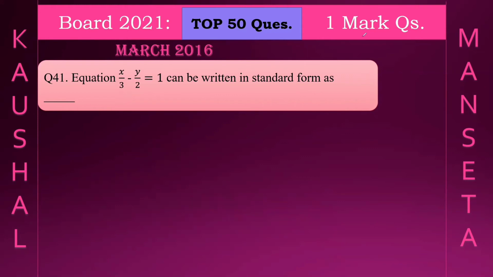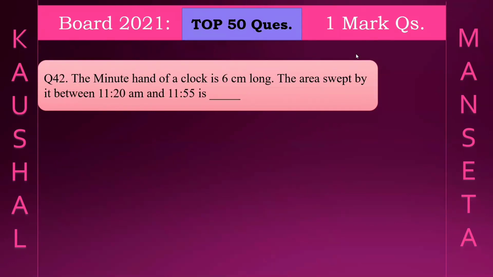Question number 42. The minute hand of a clock is 6 centimeter long. The area swept by it between 11:20 am and 11:55 am is... See, first we are going to draw a circle for the clock. This is the circle.